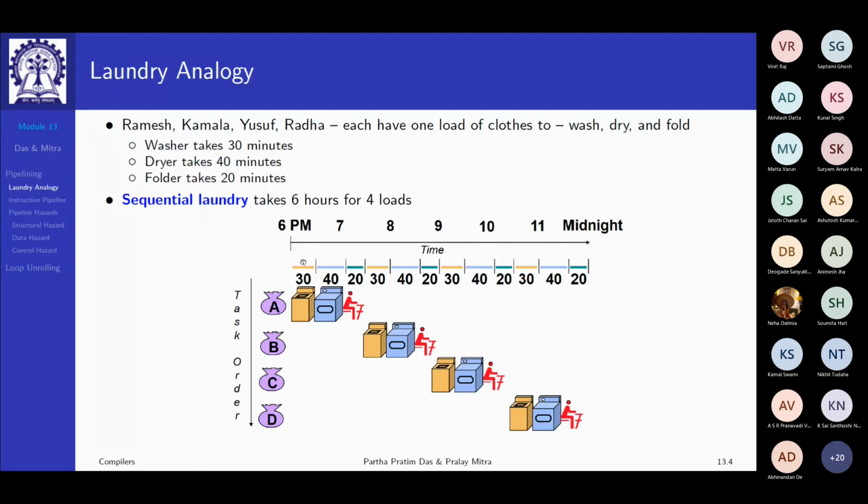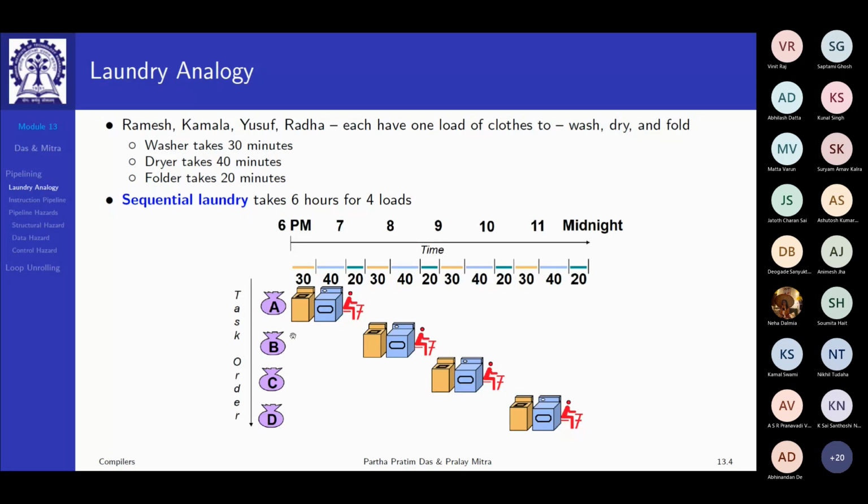If they do these tasks sequentially, every washing, drying, folding process needs 30 plus 40, 70, plus 20, 90 minutes. That is 1.5 hours. So 4 loads will need 90 times 4. That is 6 hours of total time.